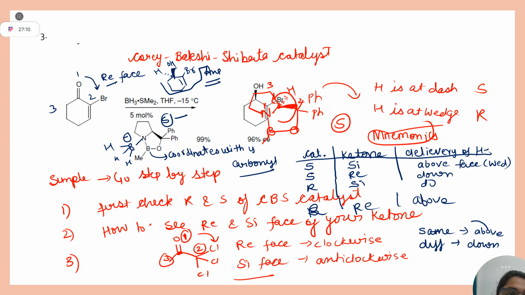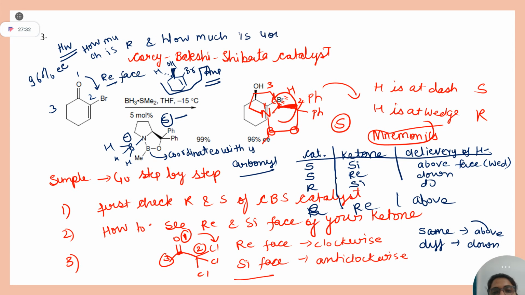Now, homework for you guys: if 96% EE, how much is R and how much is S enantiomer present in this mixture? I want an answer to this question from everyone. This is not part of this course, but being an organic chemist, you should know this.